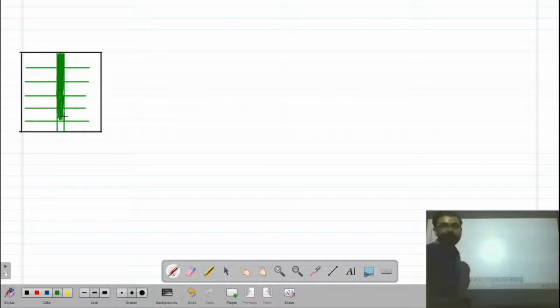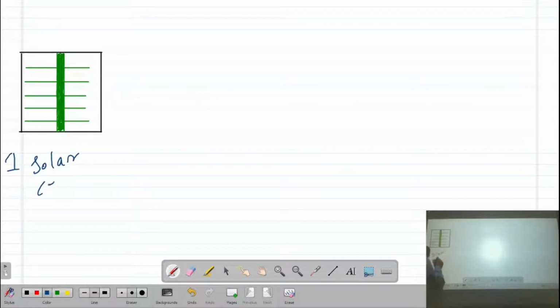I am making the front view of a single solar cell. Right? This is a single photovoltaic solar cell, one cell.